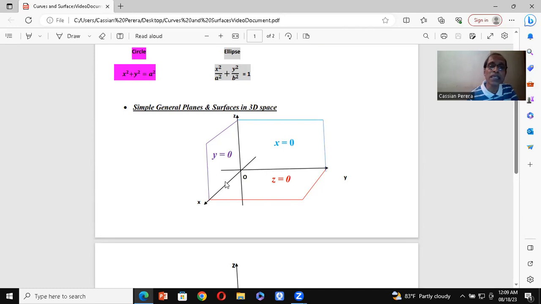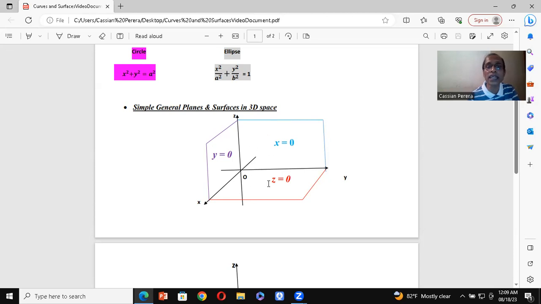x equals 1 means a plane which cuts the x-axis at 1. The distance from O along the x-axis is 1. Likewise, y equals 1 means a plane which cuts the y-axis at 1.